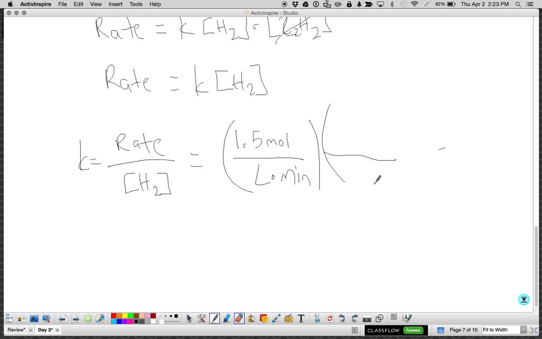Well, let's do units first. Moles over liters times minutes divided by moles over liters. Moles cancel out, liters cancel out, and I get 1 over minutes.